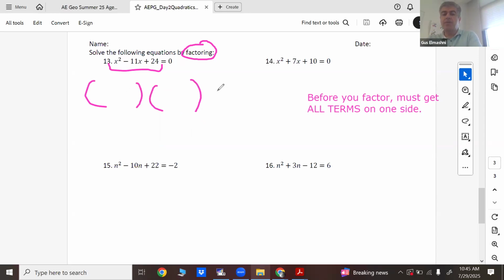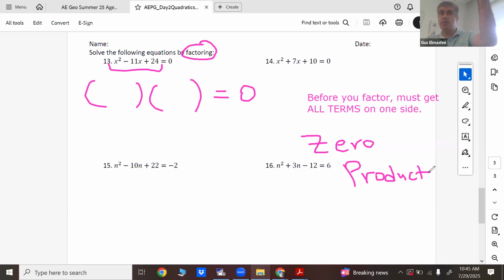So this is called the zero product property because you're looking at what multiplies as zero. Product is multiply. And in order for a product to be zero, one of the numbers has to be zero, right?